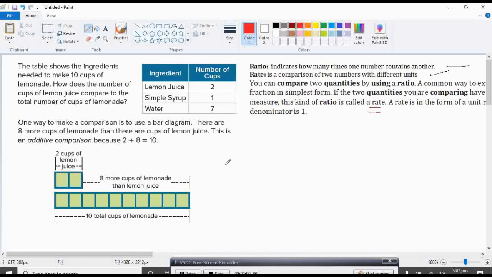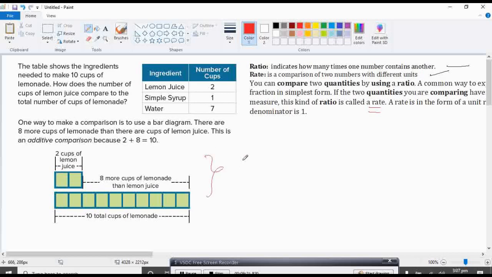Based on the example that we have here, the table shows the ingredients needed to make 10 cups of lemonade. How does the number of cups of lemon juice compare to the total number of cups of lemonade? Okay, one way to make a comparison is to use a bar diagram.